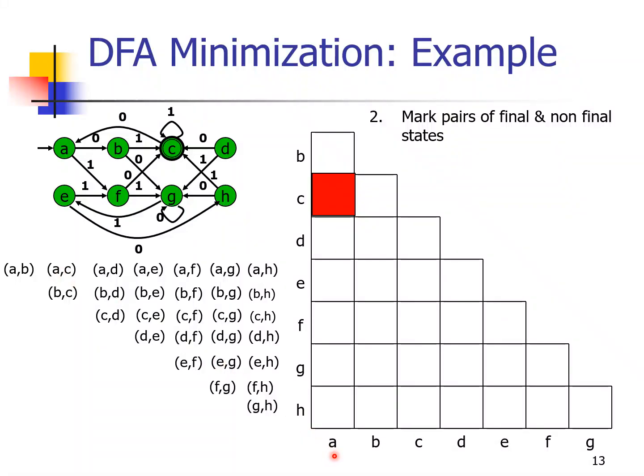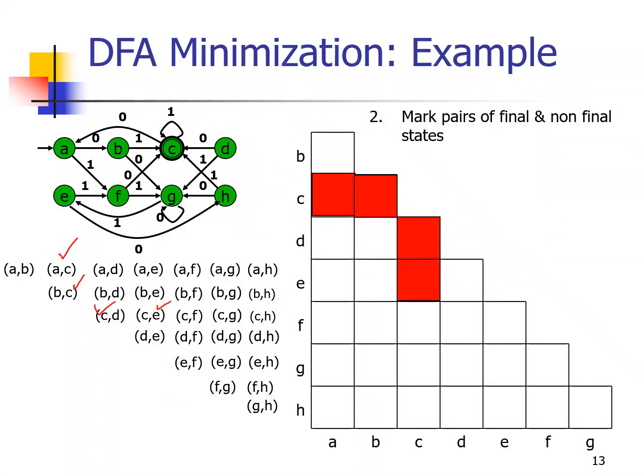So AC you can mark directly. This is how to mark it in the table. Then BC, you can mark as well. Then CD you can mark directly, because one is final and the other is non-final. Then C, you can mark it.